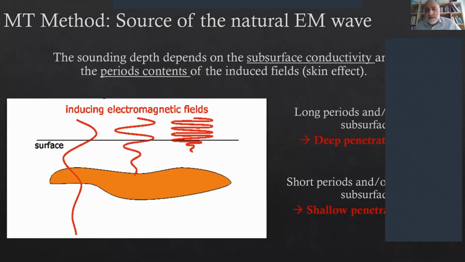Once this EM wave is created in the ionosphere and starts to propagate in the subsurface, it changes in amplitude and phase, and it penetrates into the Earth. The penetration depth of the EM wave depends mainly on two parameters, namely the subsurface conductivity and the period at which this EM wave penetrates into the Earth.